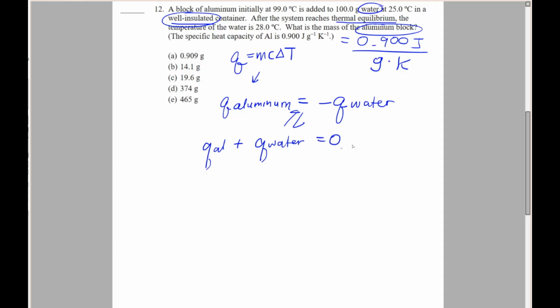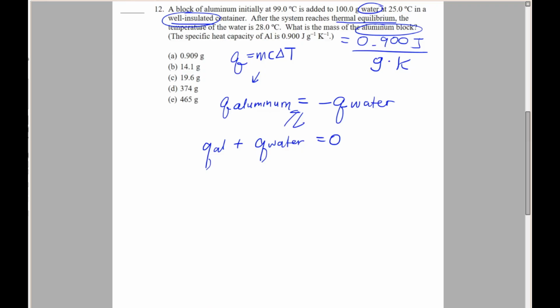We can set it equal to 0, or you can solve with this variation of the equation, because it's a well-insulated container. In a well-insulated container, we're assuming that there's no heat being added from the surroundings to the system, and vice versa, no heat is being removed from the system.